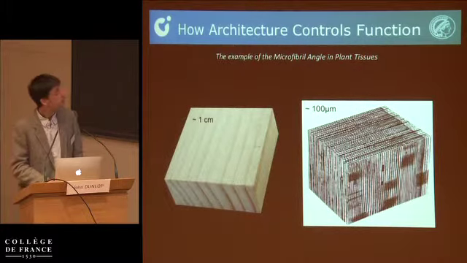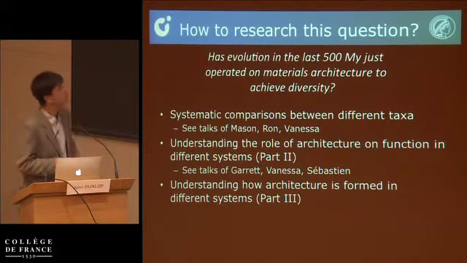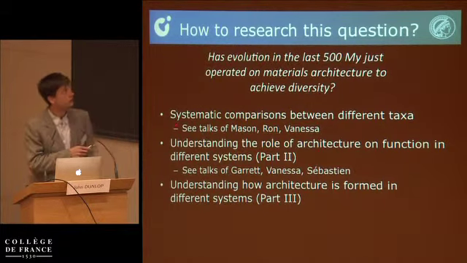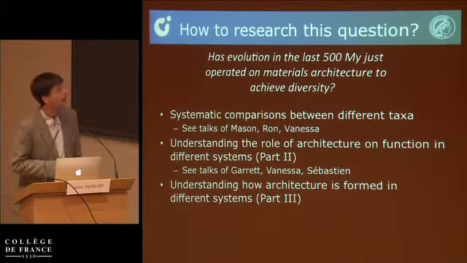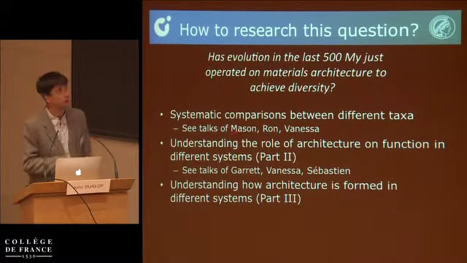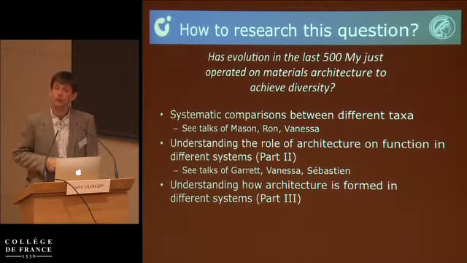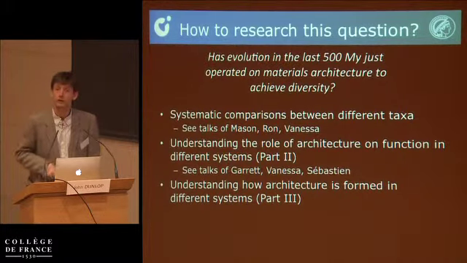So how would one pursue such a question? Well, one way of doing this is to do, say, a systematic comparison between different taxa. And you're going to see talks later on today by Mason and Ron, where they'll be talking about the architecture and structures that you find in sharks and rays, as well as fish and fish bone.